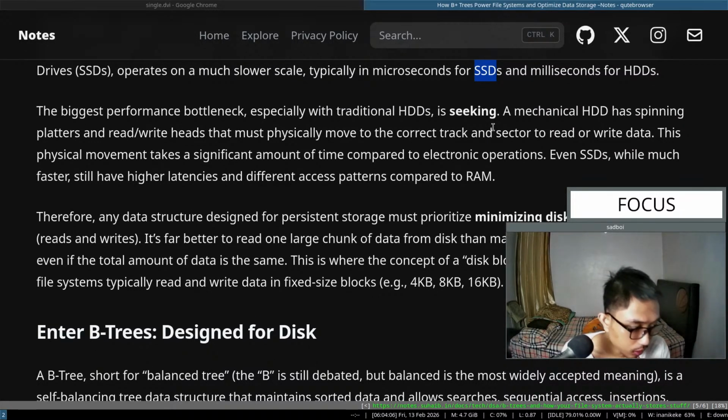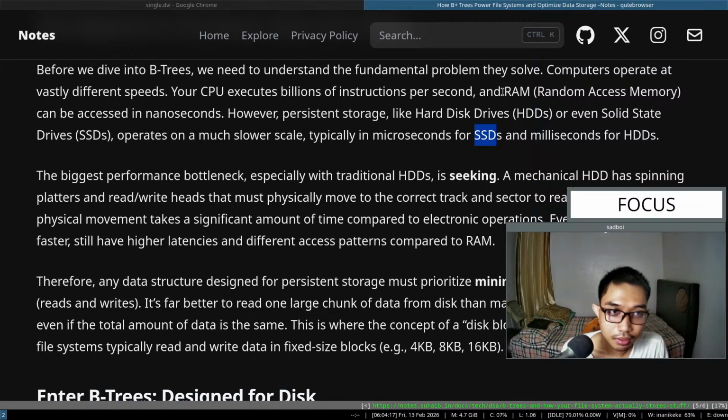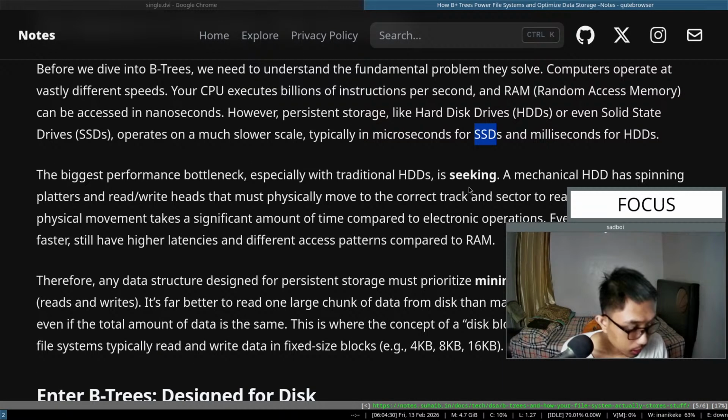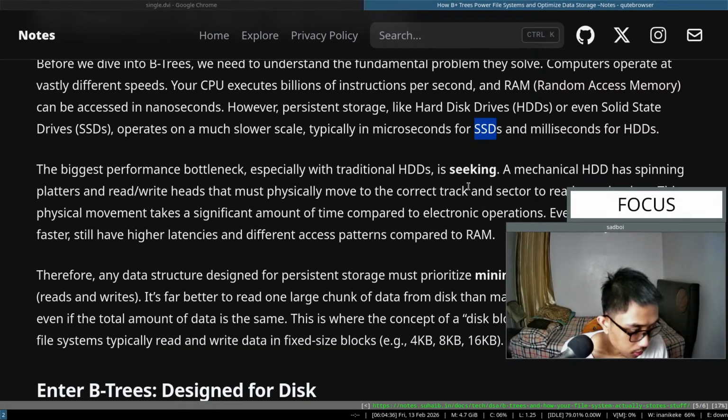So we are putting the content in the RAM. If you have something that is smaller in RAM, it will be loaded faster.